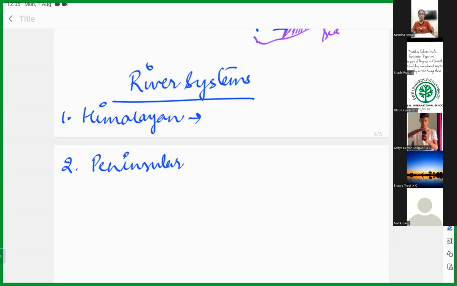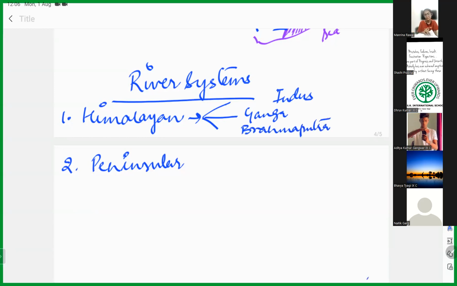Ma'am, peninsular rivers are formed from Western Ghats. Yes, because these rivers have their origin from the Central Highlands or the Western Ghats. That is why they are called the peninsular rivers. Now see, when we talk of the Himalayan rivers, there are basically three: Indus, Ganga, and Brahmaputra, right?